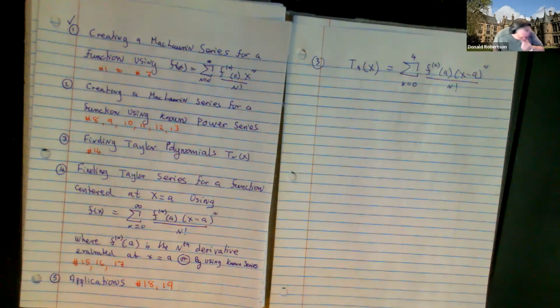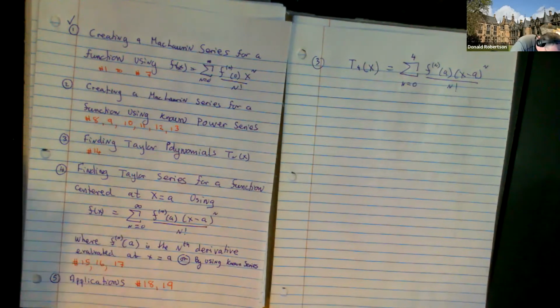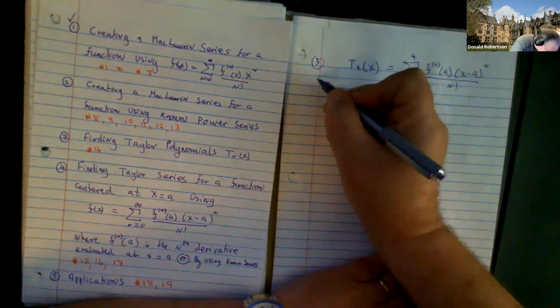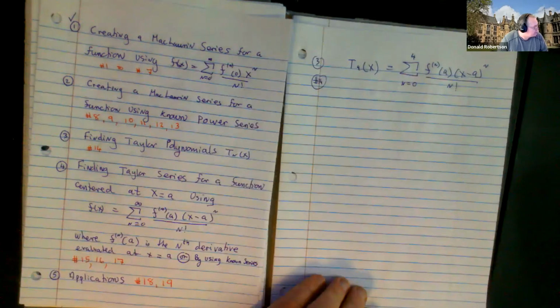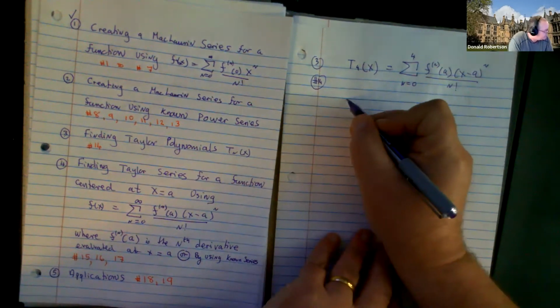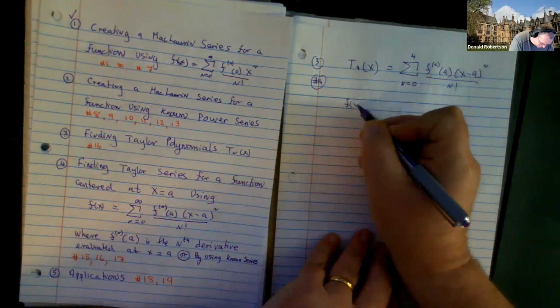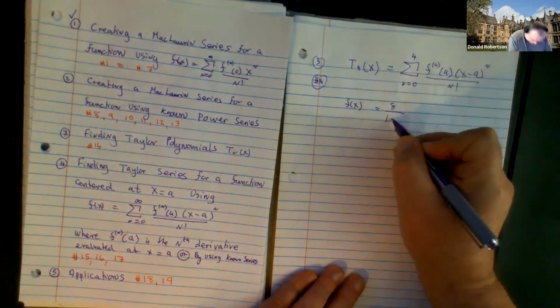Okay, so in this question, number 14, you have a function and you're going to find whatever they ask you for. They're asking you for T3. So you start off with the original function, which is 8 over 1 plus x, and it's going to be centered at 2.